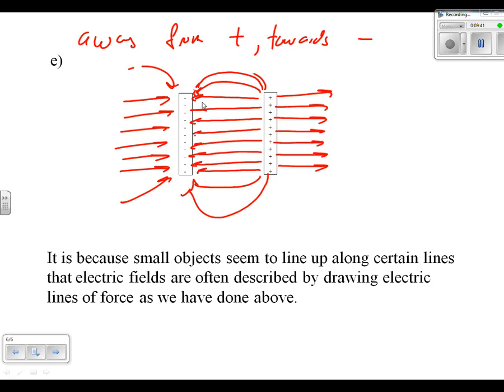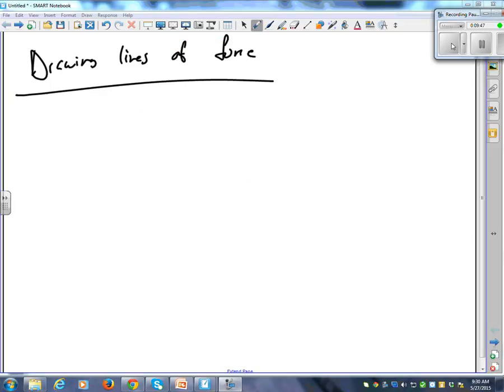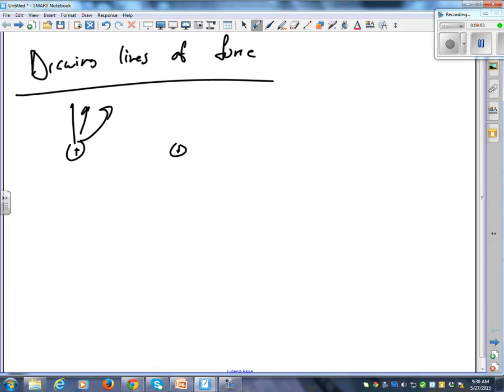One A, one B, 3. The first one there is positive and positive. Pretty easy. Away, away, away.